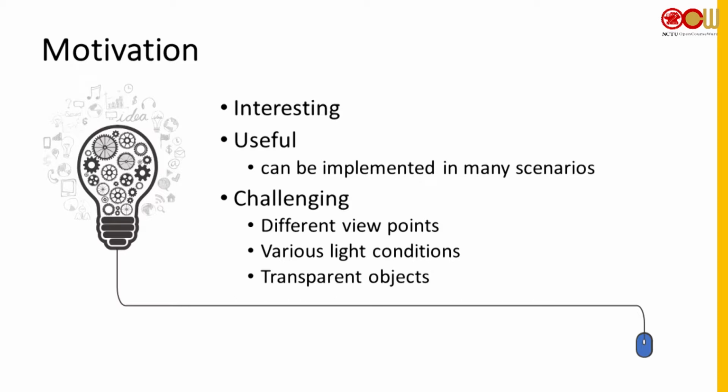Also, it is really challenging, because when the camera goes through different viewpoints the object may seem really different. It may be occluded by other objects, or the shape of the object is really different. And various light conditions may make the object seem different, for example, if the object is under dim light we cannot see the object directly.